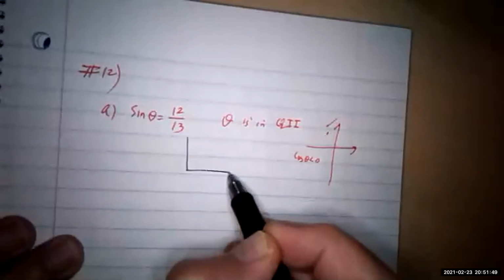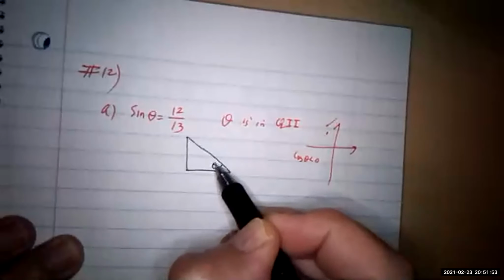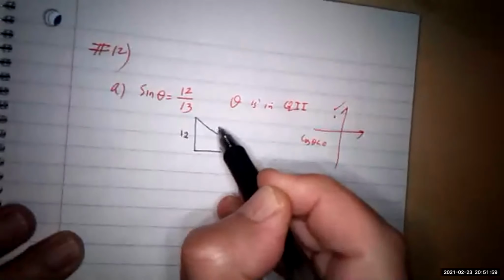So what we do is we can easily go to the right triangle version. This is it, and this is going to be your theta. We have the sine. What is the sine? Opposite over hypotenuse, 12 over 13.